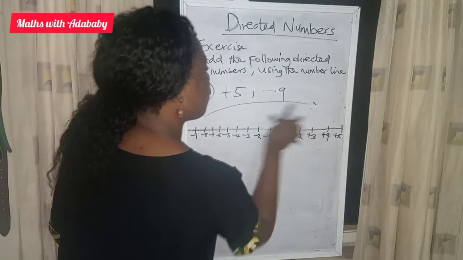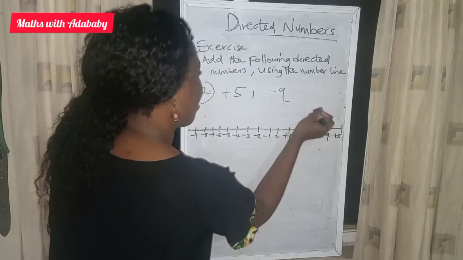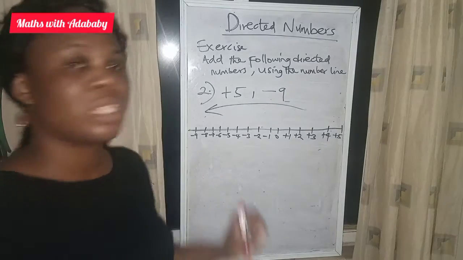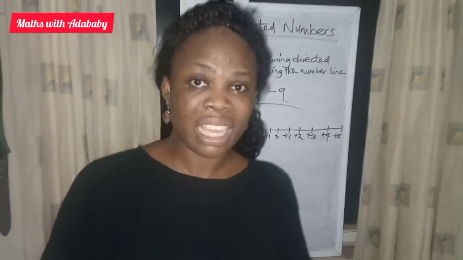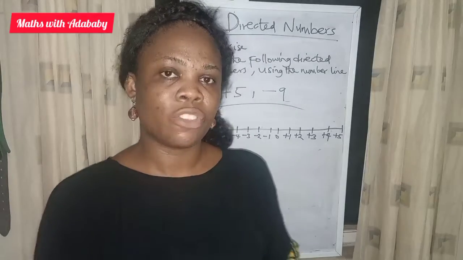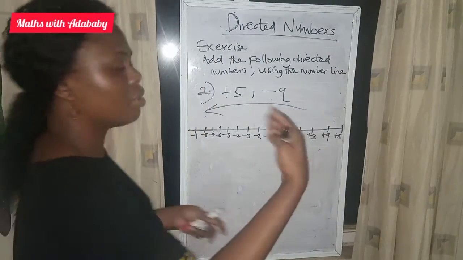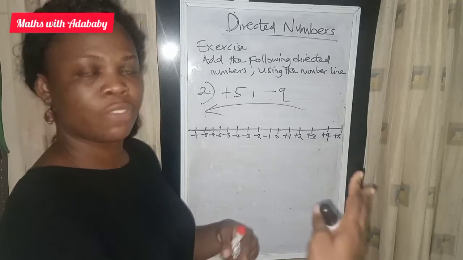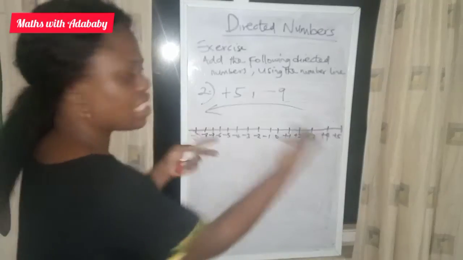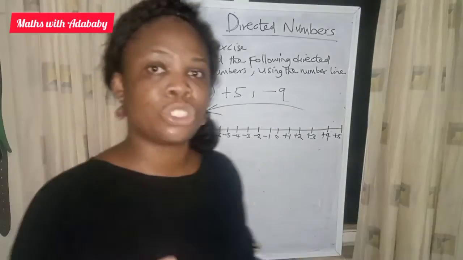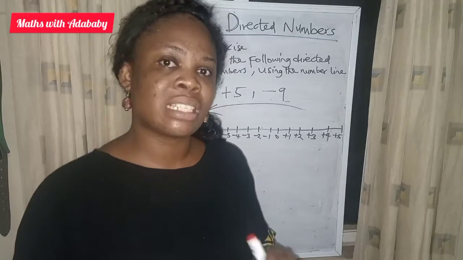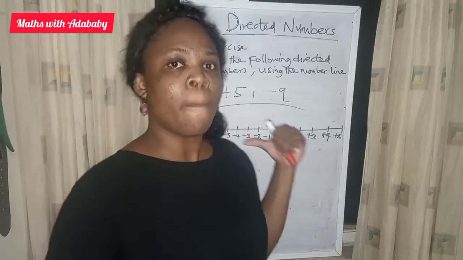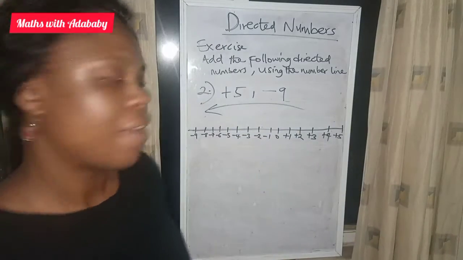Now, if you're going backward in this direction, you're dealing with the addition of a positive number to a negative number. You go backward because the negative is taking you backward. So in any addition that is represented in the number line, so long as there is a negative in that sum, it takes you back to the negative direction.